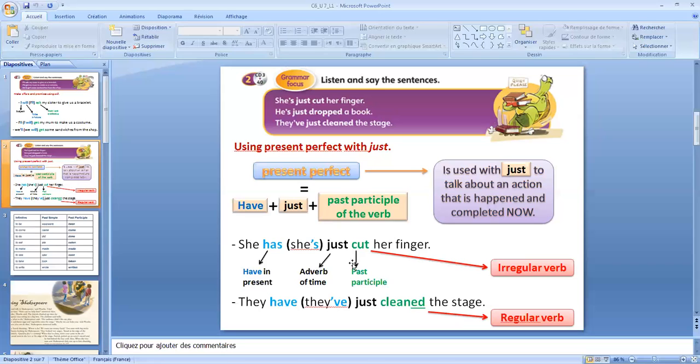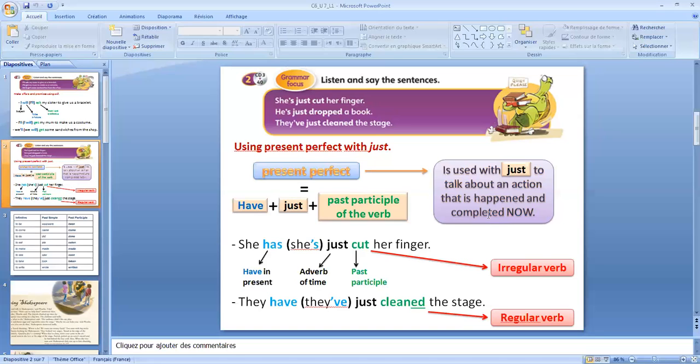It means now. Cut is the past participle of the verb cut. And her finger is the object. So the present perfect, its form is have plus past participle, and we use it with just in order to talk about an action that has happened now and completed now.